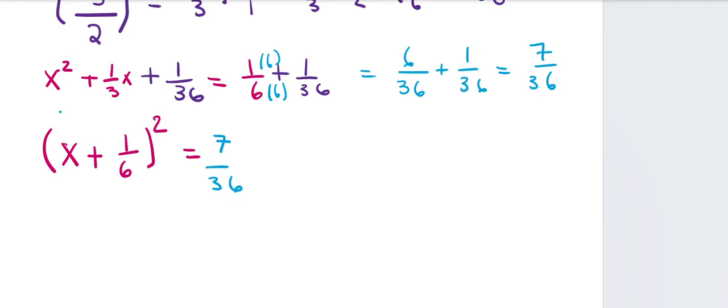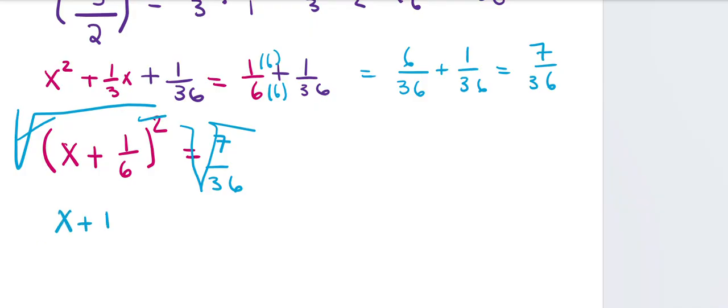Then I am solving for x, so I am going to square root both sides. That way I can get rid of the square. So the square root and the square cancel each other out. So I am left with x plus 1 over 6 equals plus or minus square root of 7 over 36.